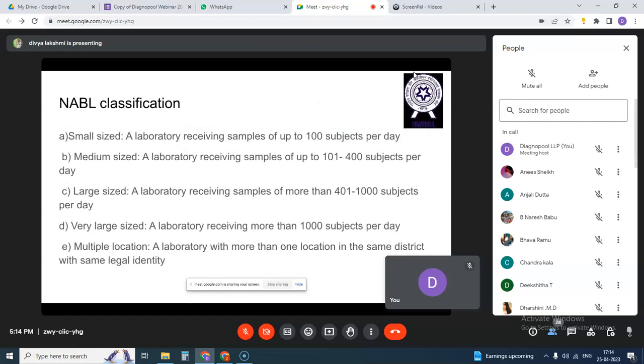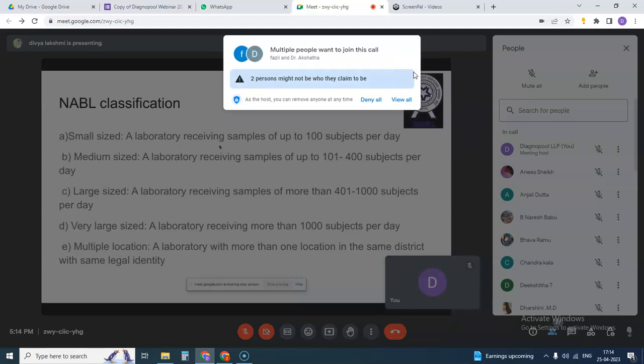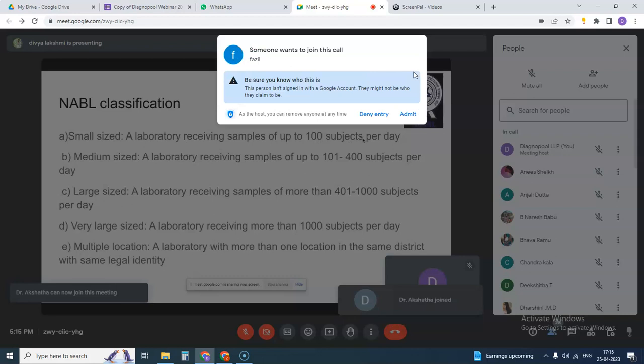NABL classifies labs in different ways depending upon the samples received. So it classifies them as small size lab, medium size lab, large size lab, very large size lab, and labs at multiple locations. A lab which receives samples up to 100 is called a small size lab.